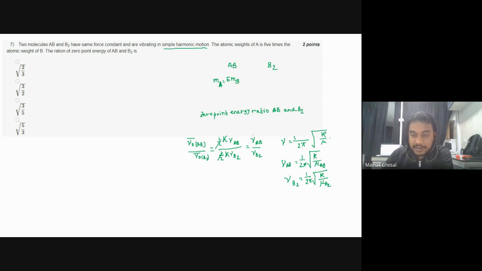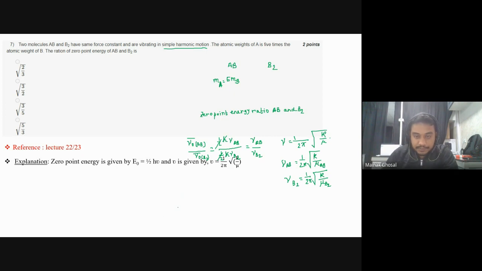Now what I have to find is the ratio nu AB by nu B2. That is 1 by 2 pi root over K by mu AB divided by 1 by 2 pi root over K by mu B2. So the 1 by 2 pi will cancel, and taking the whole thing in the square root, this K will be cancelled out.